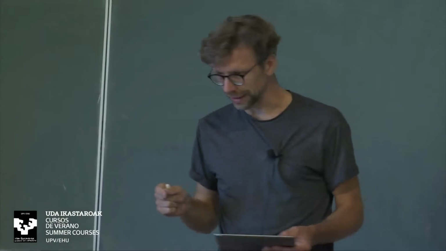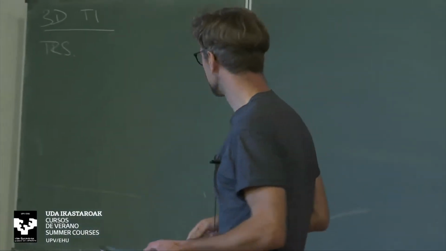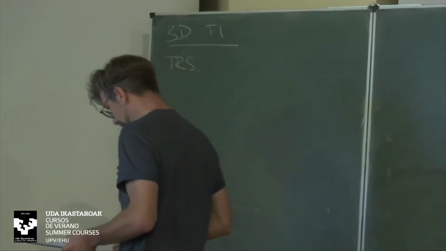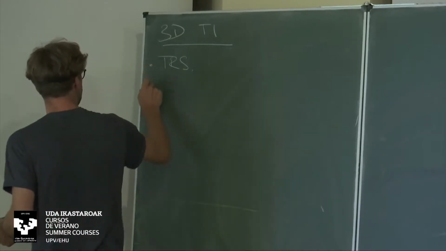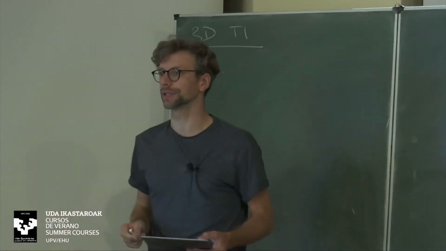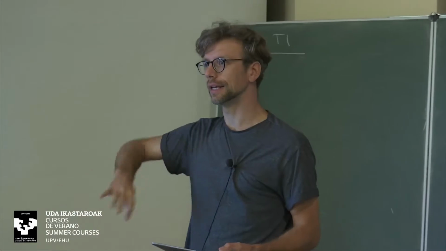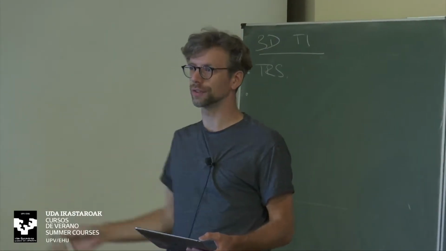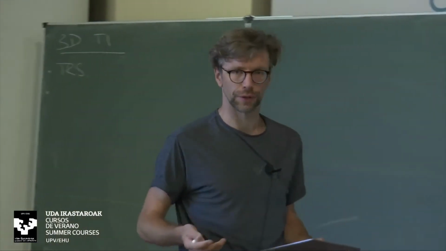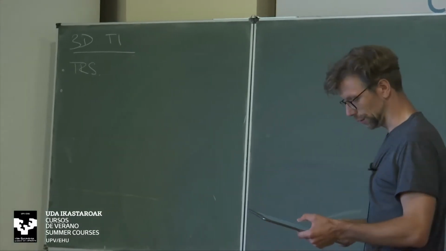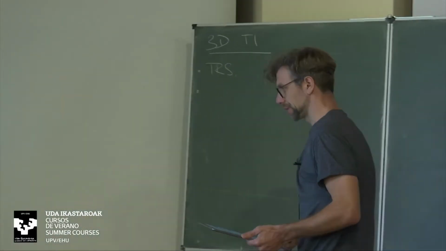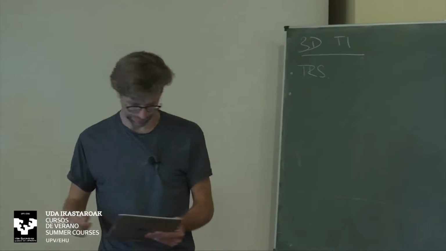Here, however, I would like to take, for the sake of this construction, a slightly enlarged symmetry space. And then later on, we'll see which of these symmetries are actually needed to protect, for instance, the Dirac surface states, and which are just a vehicle to get there, if you wish.